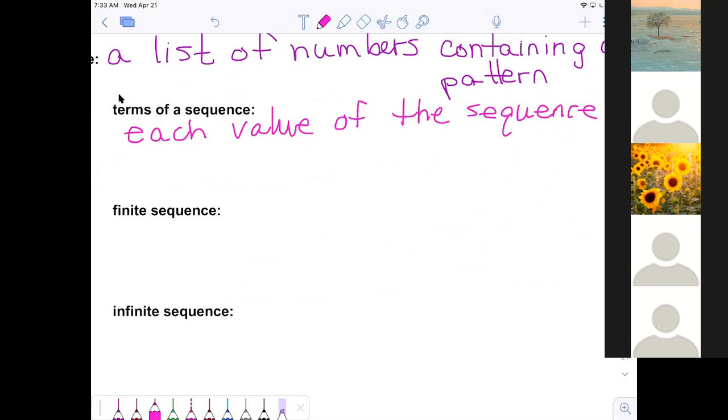And there's two things that we are going to look at. Each term of the sequence has a specific position correlating with the actual term that we're finding.